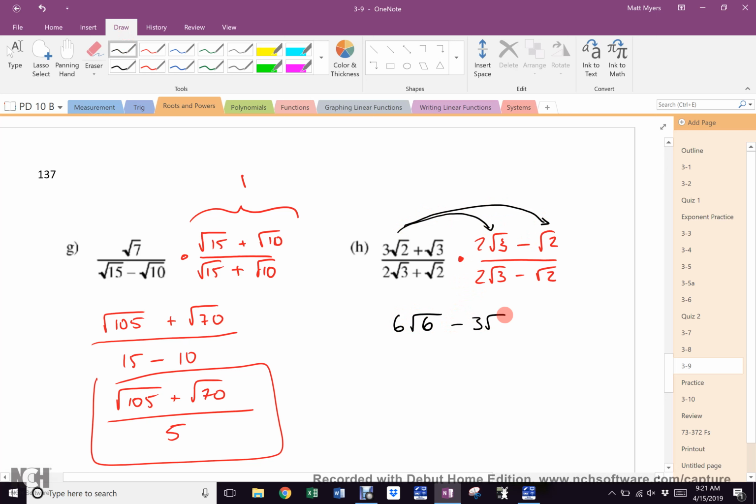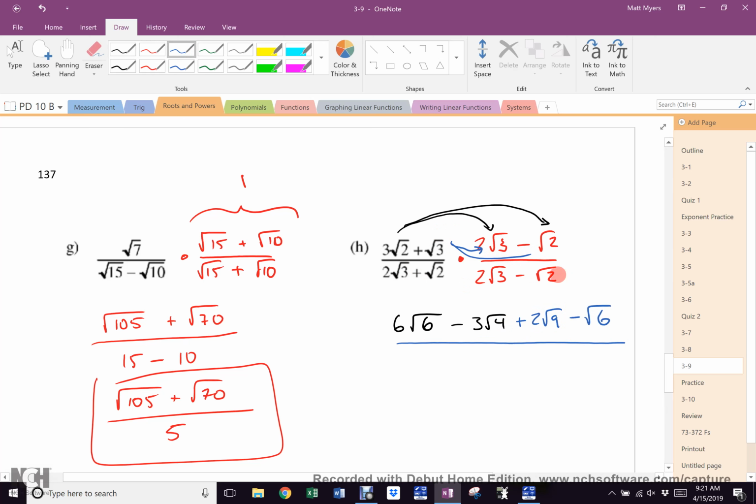Minus 3 root 4. Agreed? Now I go to the other one. What is this one? Plus 2 root 9. And this one. Minus root 6. Over, the bottom's easy.